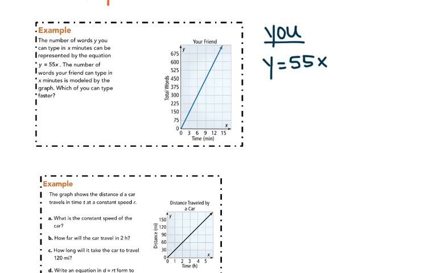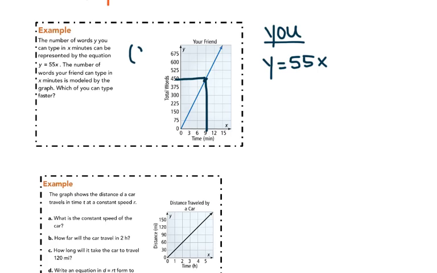The number of words your friend can type in x minutes is modeled by the graph. So this is your friend's typing. And it's asking which of you can type faster. Well, in your friend's graph, we should choose a point that's easy to identify. So if we take a look, I can see that this point here is easy to identify, and that is the point 9, 450.